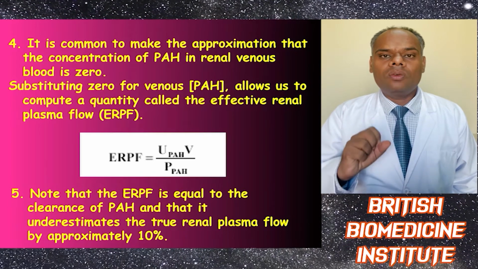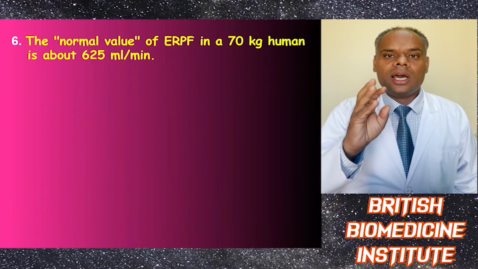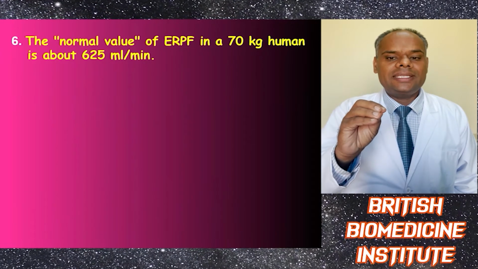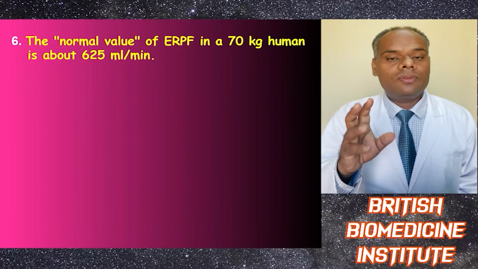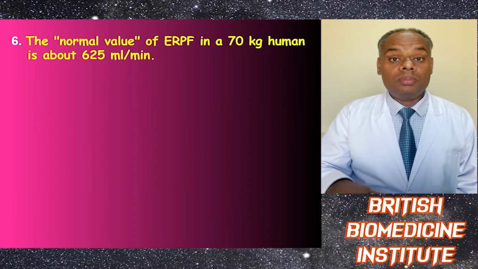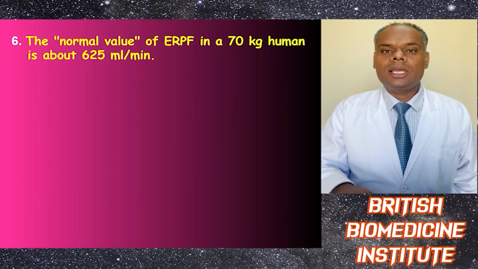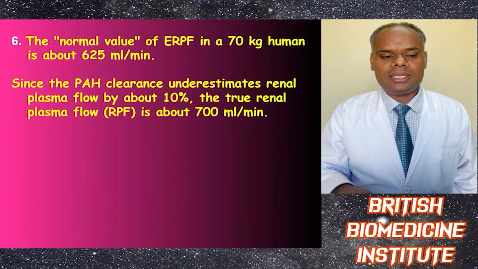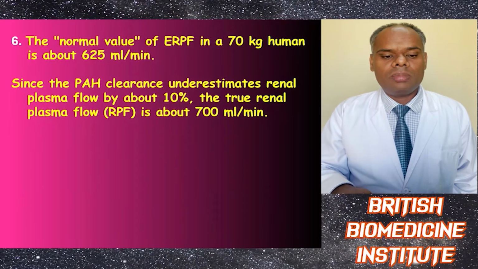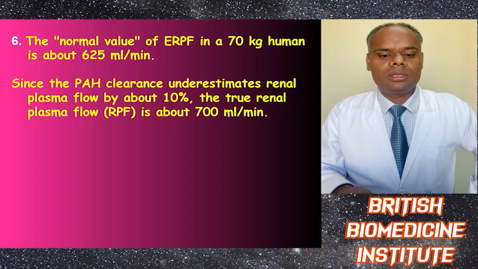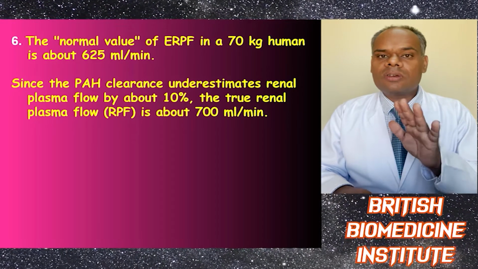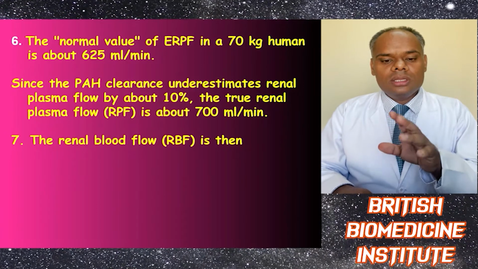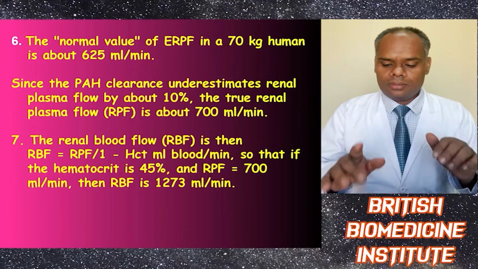The normal value of ERPF in a 70 kg human is about 625 ml per minute. Since PAH clearance underestimates renal plasma flow by about 10%, the true RPF, renal plasma flow, will be about 700 ml per minute.